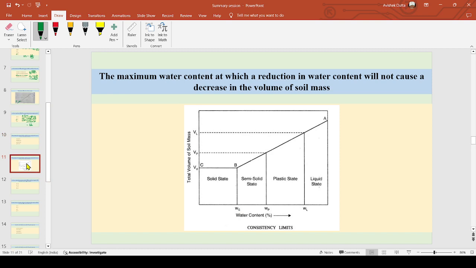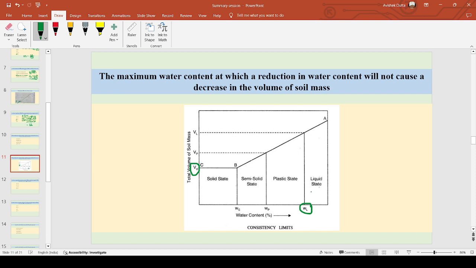So the concept behind liquid limit is, when a particular soil is having a volume, this is the volume of the soil, then if we start adding water, the volume remains constant in a particular state. After that, the volumes are increasing. The end, that is the liquid limit, is a state beyond which the soil will behave as a liquid.